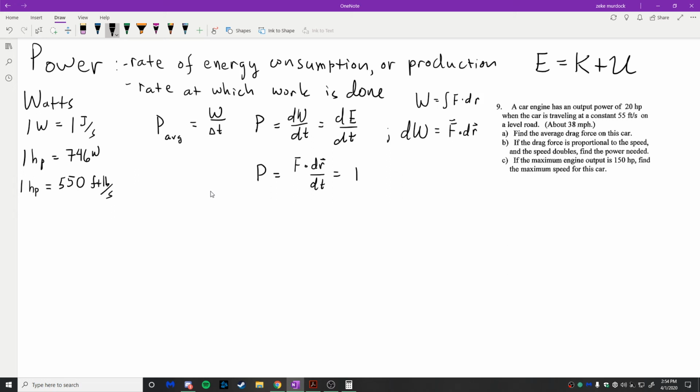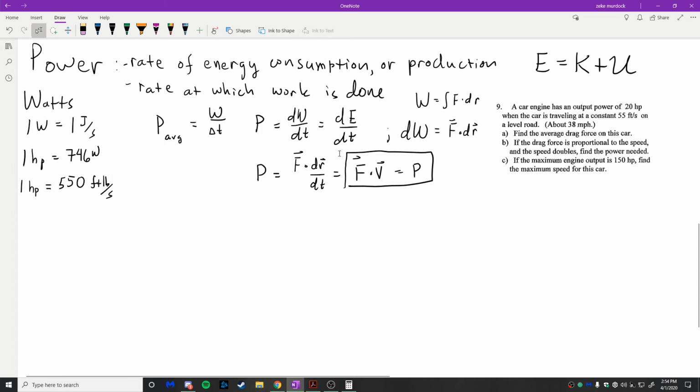And then this allows us to write it as F dot, because dr/dt is the rate of change of position. So this becomes velocity. So this is another way we can find power. Force dot product with velocity. This one's really useful, as it turns out. Often much more useful than these other definitions. Okay, that's power. Do you guys have any questions?